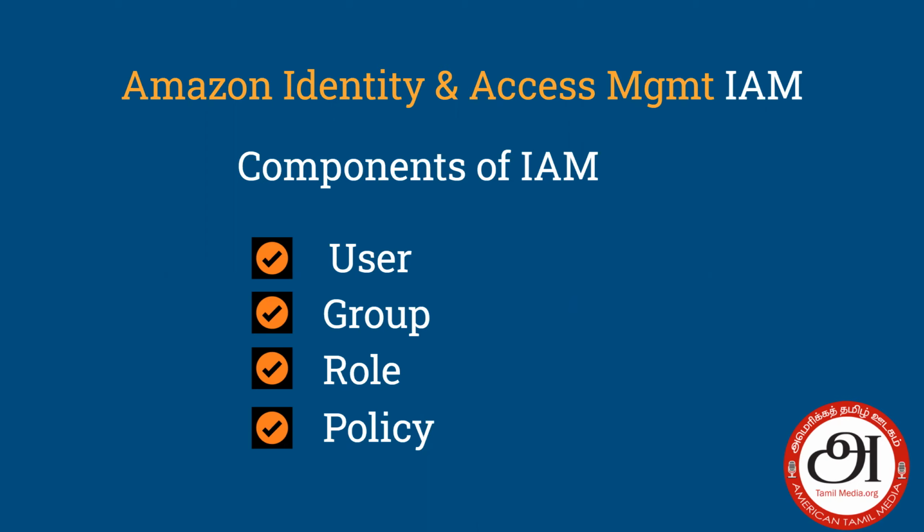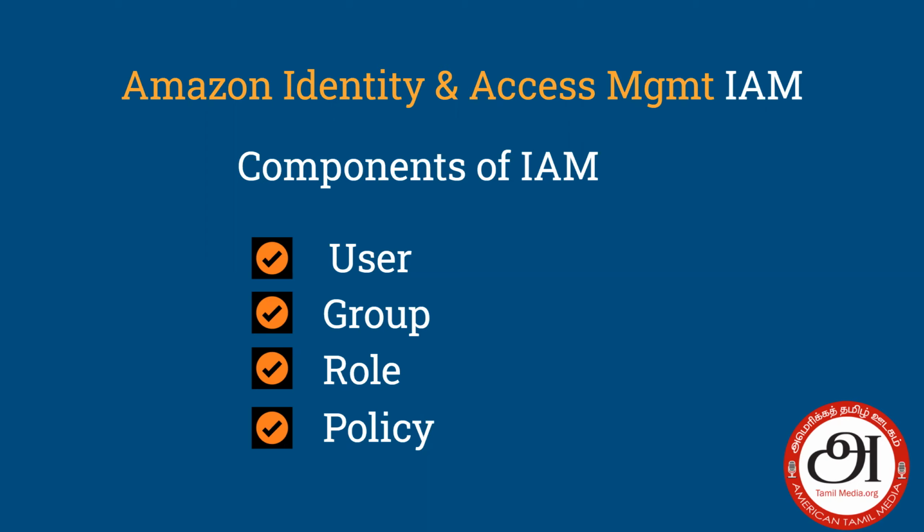User is just a collection of users. It is also otherwise called identities. Group is a collection of users. You can have a variety of groups, right? Based on the nature of work they do, they'll be assigned to an administrator role or developer role. That kind of classification will be done.